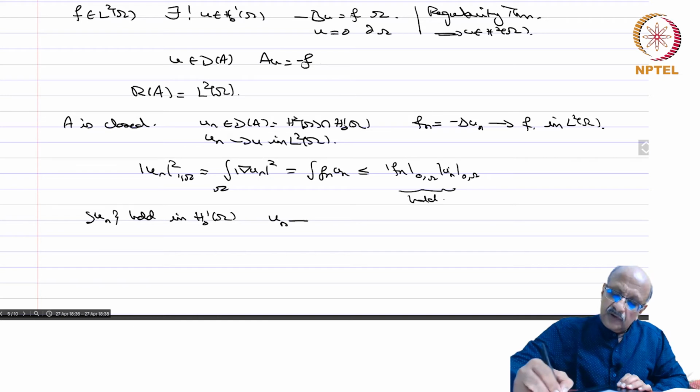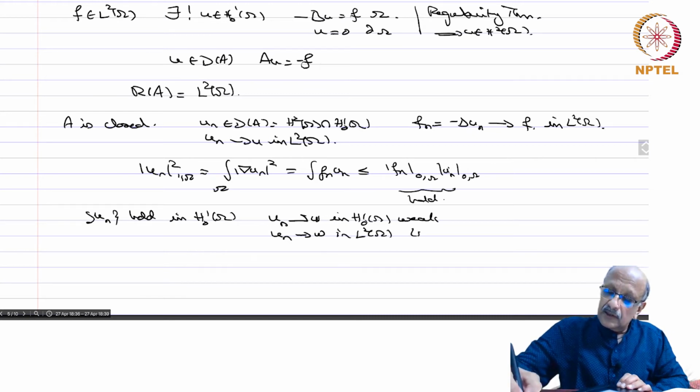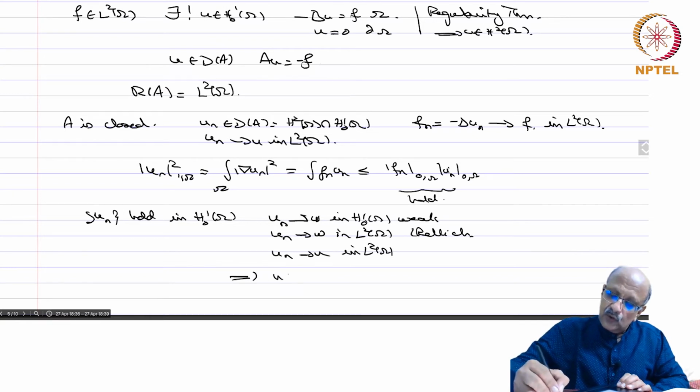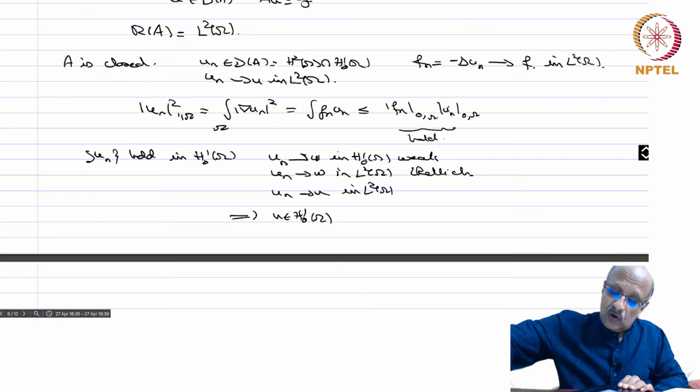So un converges weakly in H1 0 of omega to some w, and therefore un converges to w in L2 of omega by the Rellich theorem, but un already converges to u in L2 of omega. So this implies that u is in H1 0 of omega and un converges to u weakly in H1 0 and strongly in L2.